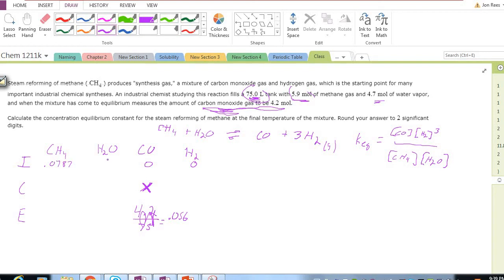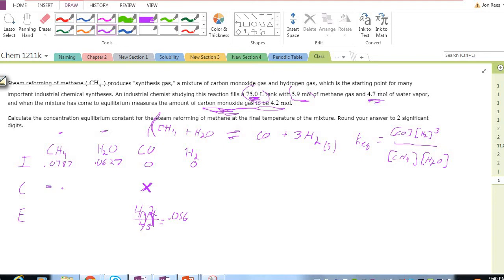And for the water, when I take 4.7 divided by the volume, I get 0.0627. Remember, the change helps me with stoichiometry, and I get it by looking at the equation. If I start out with only these two, the equilibrium has to move to the right, meaning that these are going to go down.